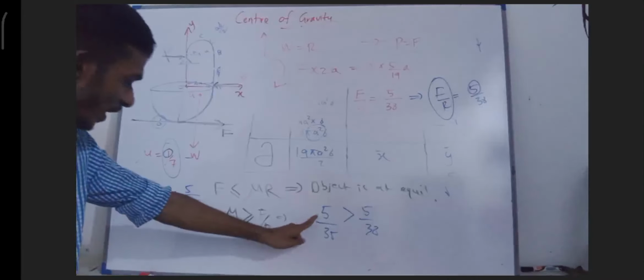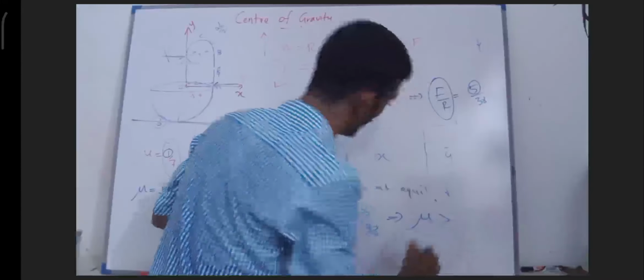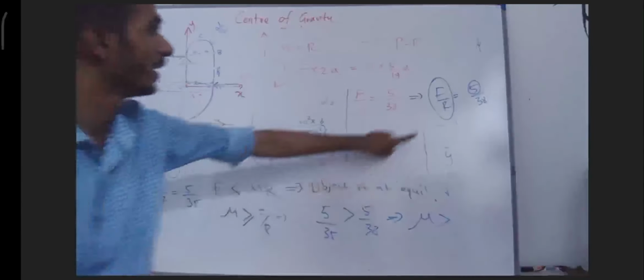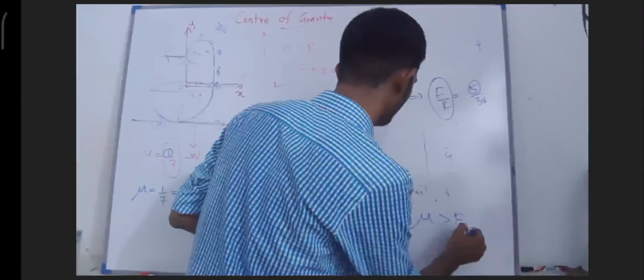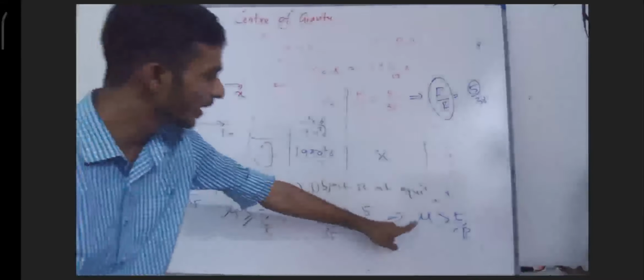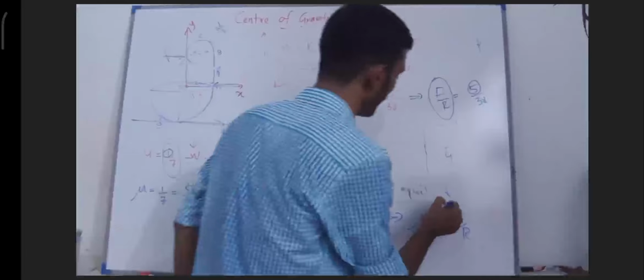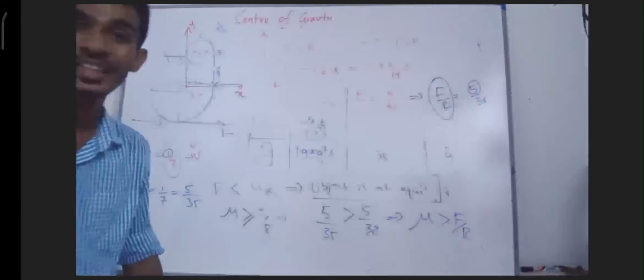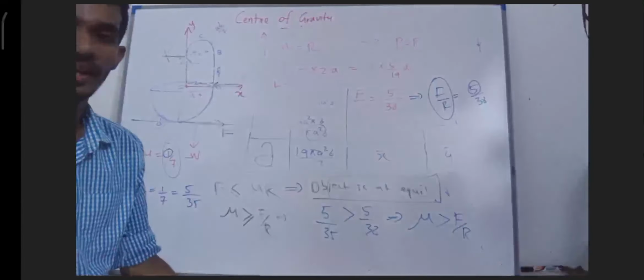So instead of 5 by 35, I can write mu, and instead of 5 by 38, I can write F over R. Since mu is greater than the F over R ratio, the object can be kept in equilibrium. So that is the conclusion that we are going to write at the end.